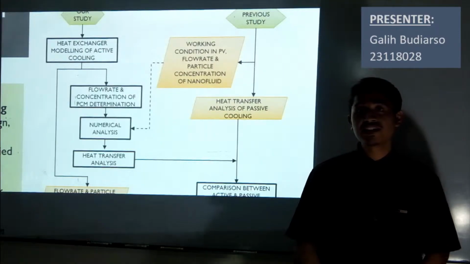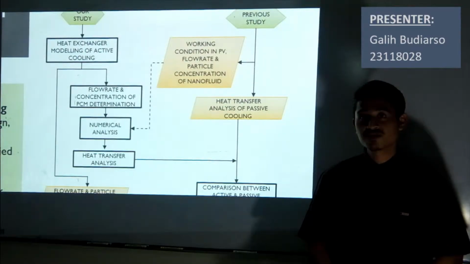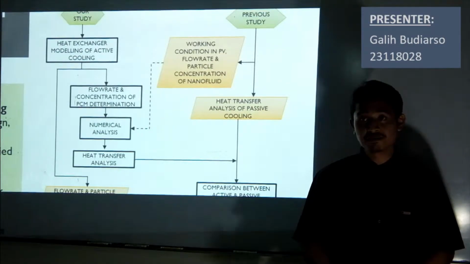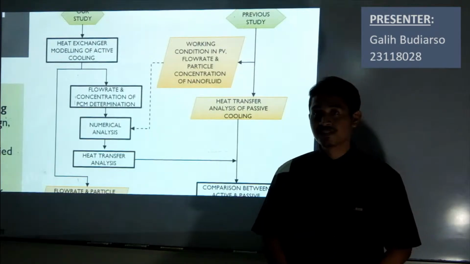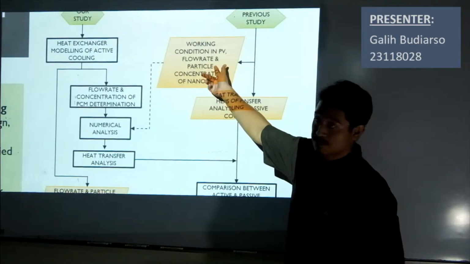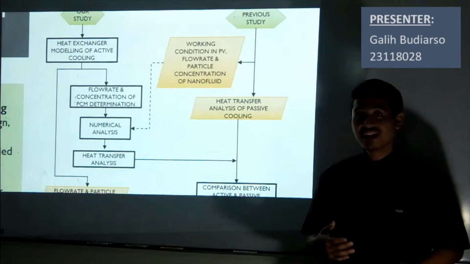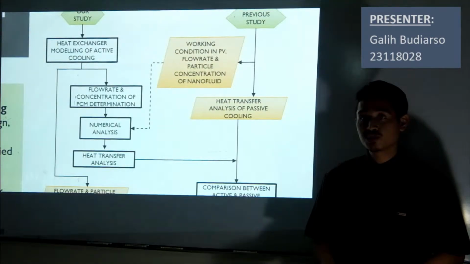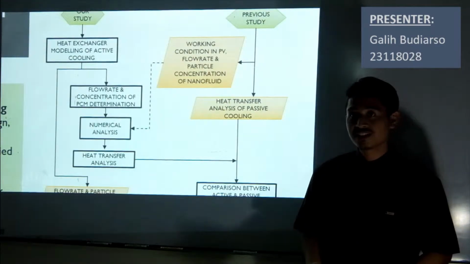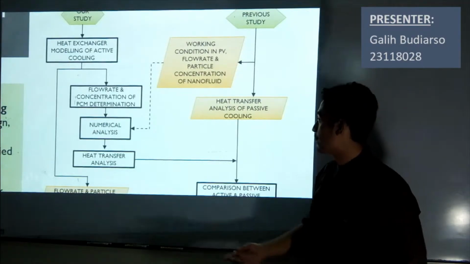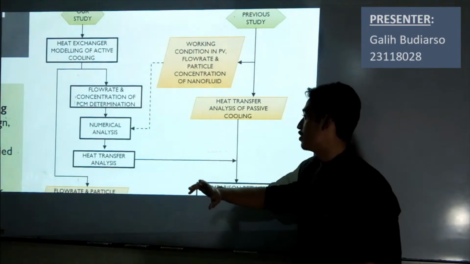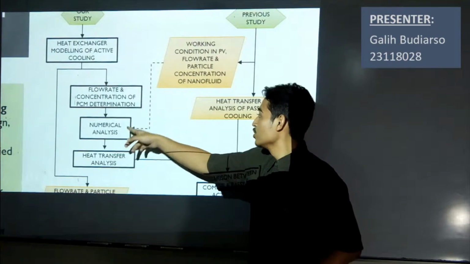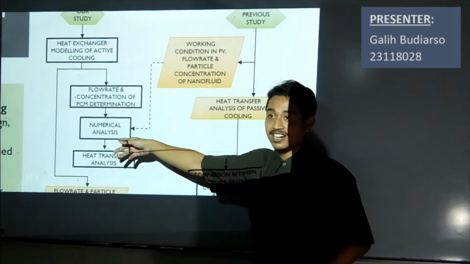The design will be carried out by numerical analysis with various input boundary conditions. The boundary conditions must be the same as the passive cooling system boundary conditions from the previous study. In addition, it's also necessary to determine the boundary conditions of flow rate and concentration of PCM. So we join two boxes here and here to the next step, numerical analysis.